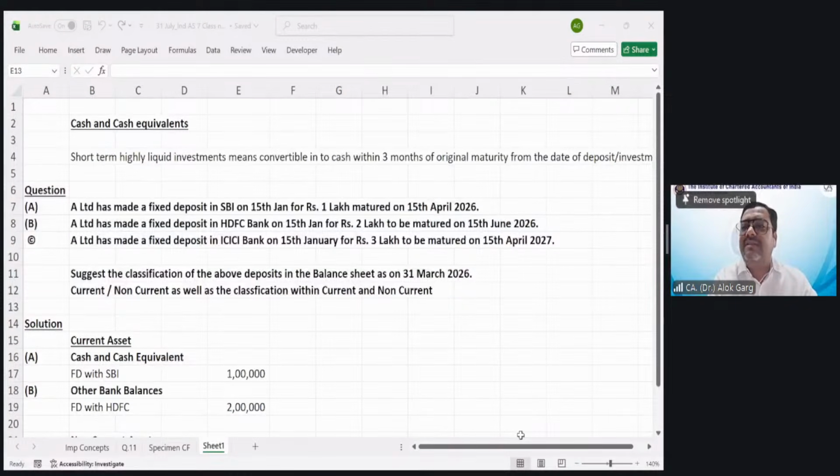So Saminathan is asking, sir, if our operating cycle is more than 12 months, let's say 15 months, then what will happen in this case? If the operating cycle is 15 months, then you have to consider it as a current asset, because in that case your current non-current classification goes by 15 months. But my dear friends, if the question is silent, in 99% of cases it is 12 months or less.